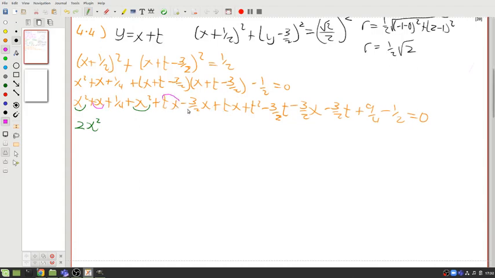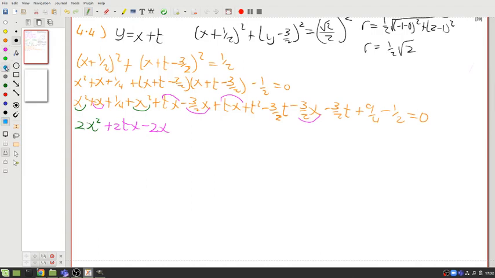And we've got a negative 3 over 2x, we've got another tx, and we've got another negative 3 over 2x. So we combine that: tx plus tx is 2tx, and we've got x minus 3 over 2x minus 3 over 2x, which gives us minus 2x. Great. So far so good.